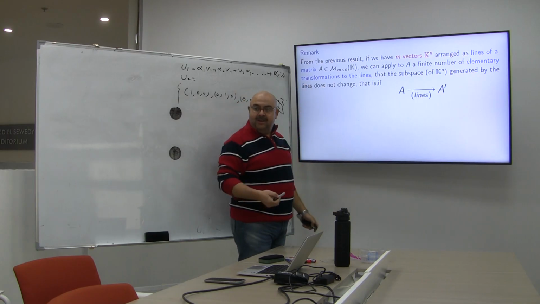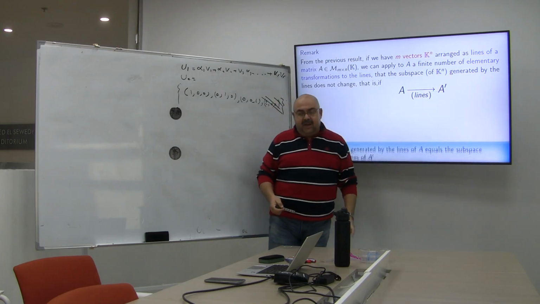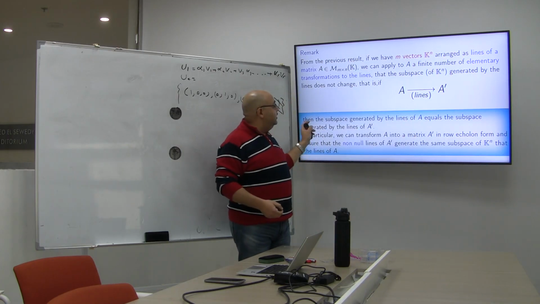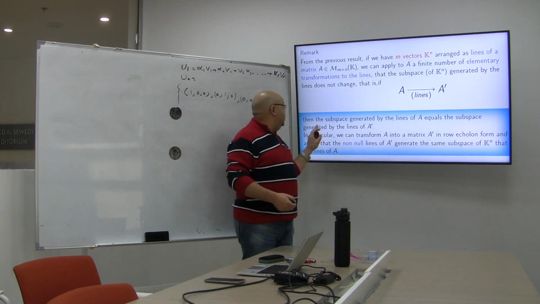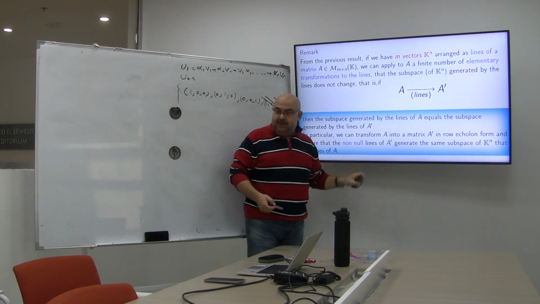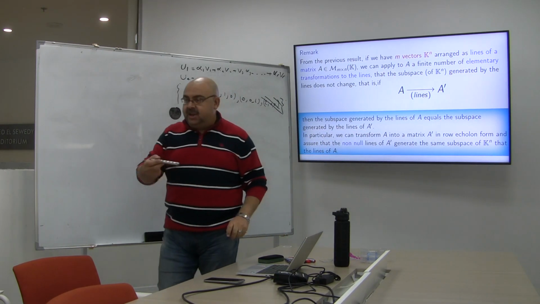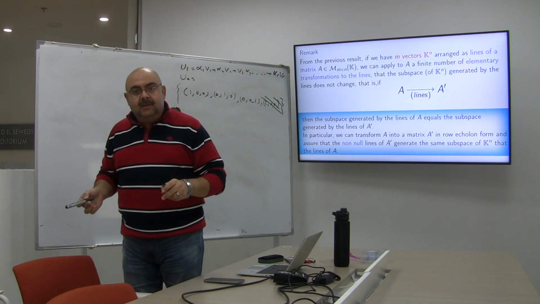You understand what I'm saying? So using the row operations on A, you will get A dash, and then the subspace generated by the lines of A equals the subspace generated by the lines of A dash, which means if A is equivalent to A dash through the row operations, they generate the same vector space.